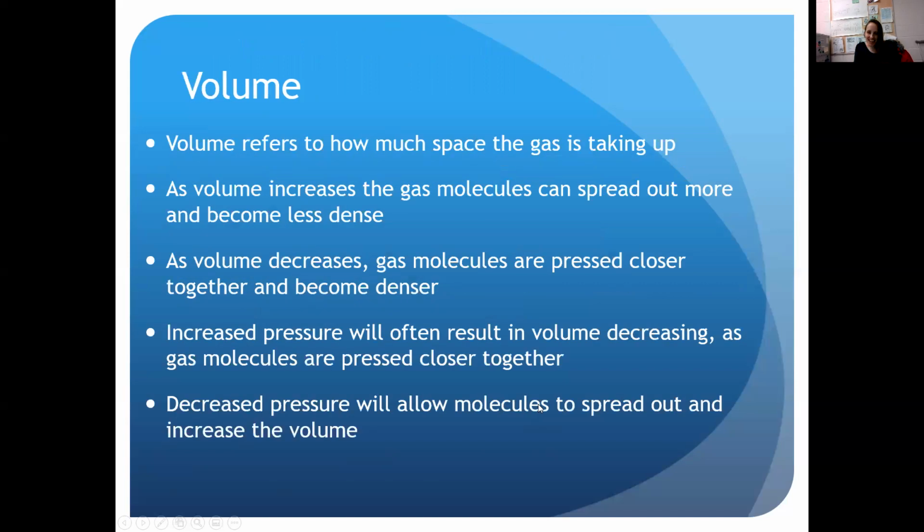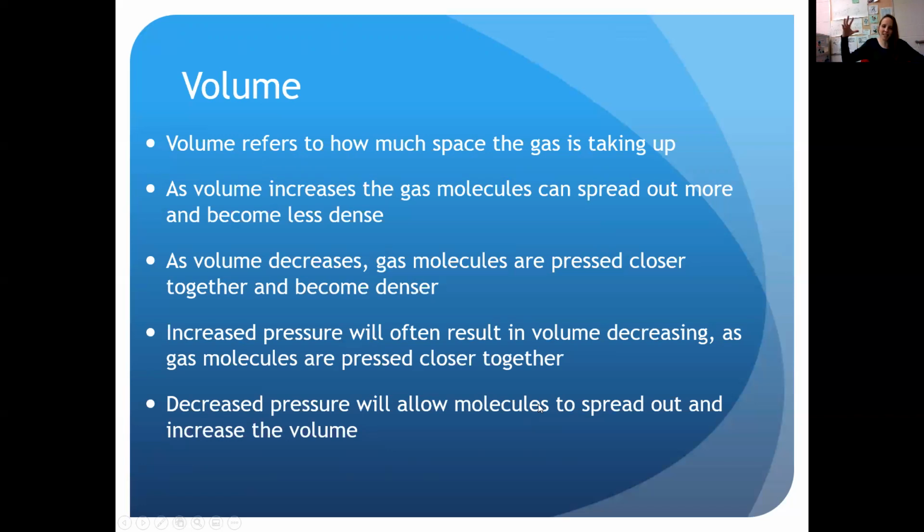And then the third factor is volume, which is just how much space the gas is taking up. As molecules spread out, which usually happens if they get warmer or if you have less pressure on them, they're going to become less dense and take up more space, so the volume will increase.